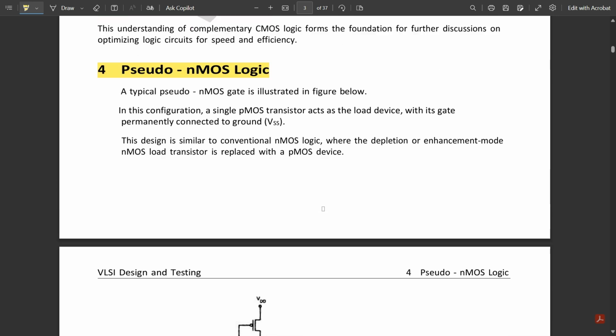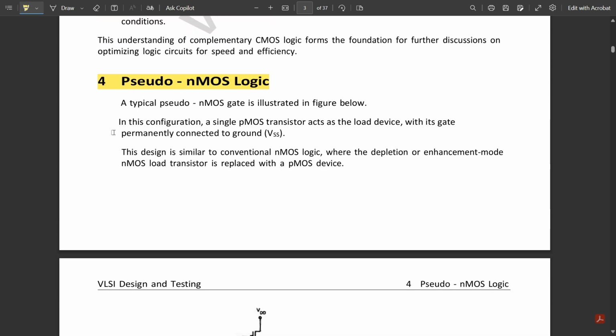Before that, let us see what this circuit consists of. In this configuration, a single PMOS transistor acts as the load device, in the pull-up part. If you compare this with the complementary CMOS circuit, there is one change. In the complementary CMOS part, we had PMOS transistors in the pull-up part and NMOS transistors in the pull-down part, right?